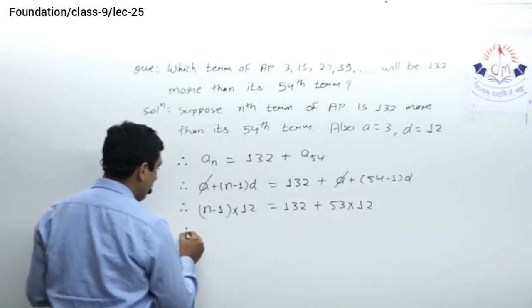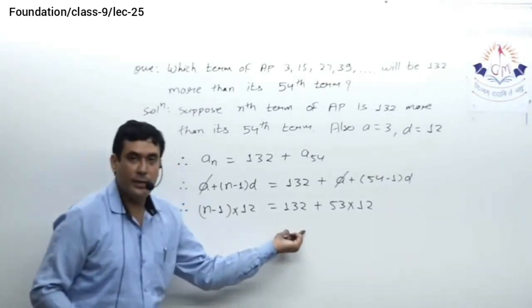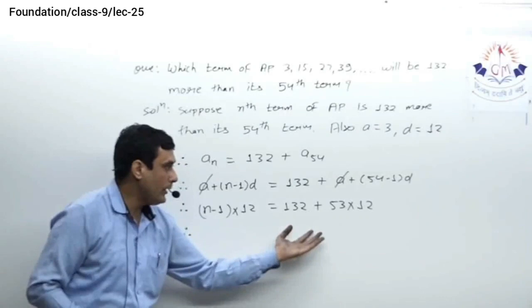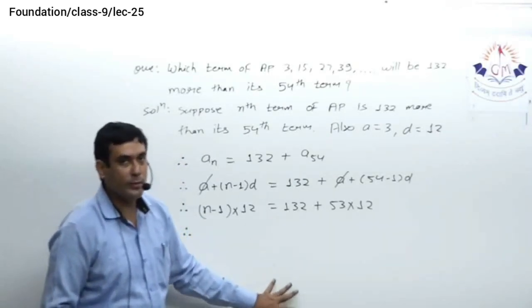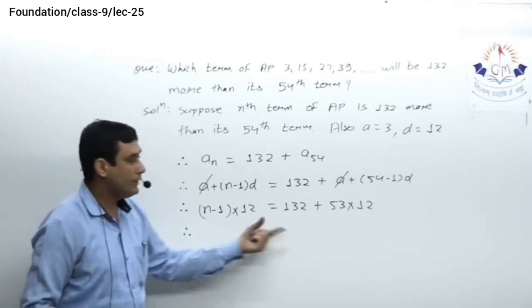So if I simplify this, see, there are so many ways. This 132 is actually 11 into 12. So if I take 12 common, it will be a little bit easier, but it is not necessary that every time you get a multiple of this common difference.